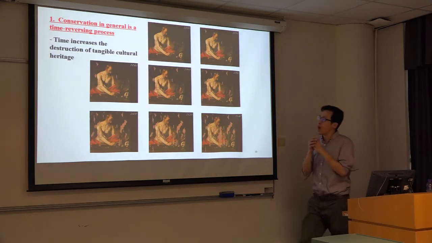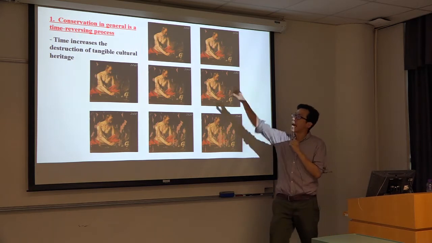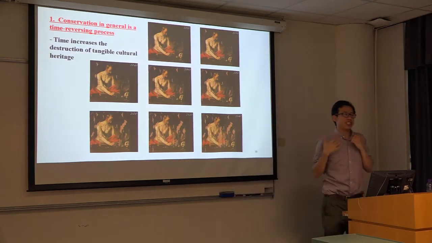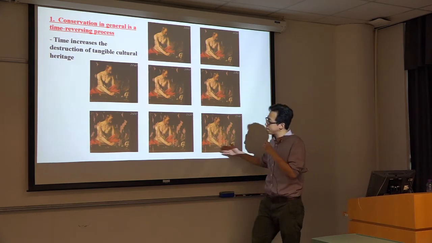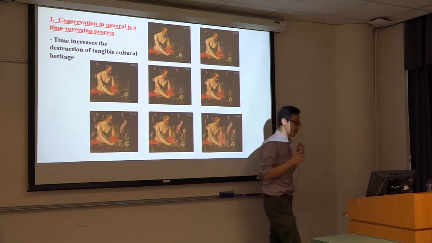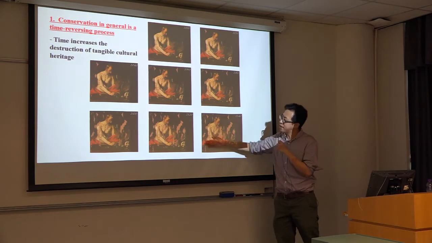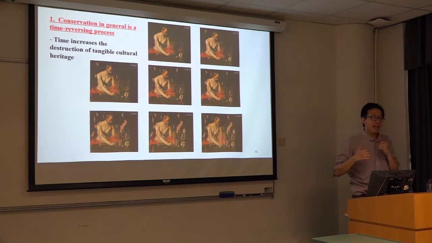So when we talk about conservation, in general, in principle, it is a time reversing process. All cultural heritage, just like our life, goes through its life. For instance, the deterioration or disappearing of color or falling apart of different components are actually a natural part of this time process.